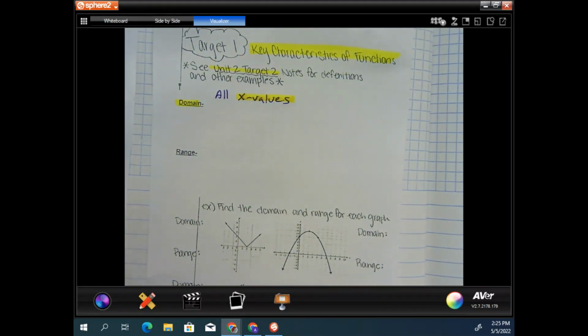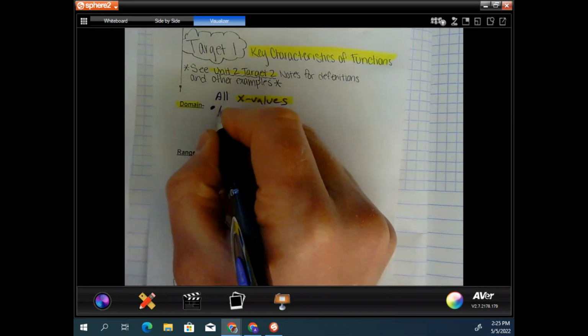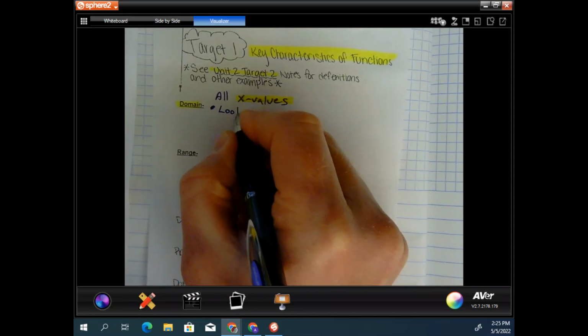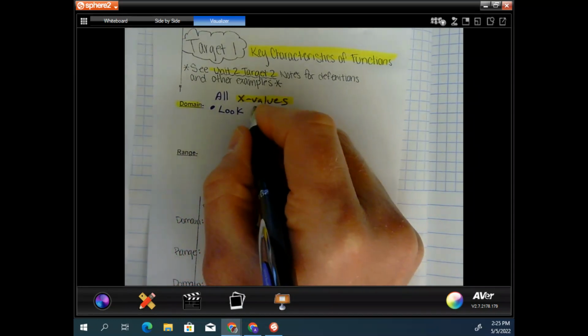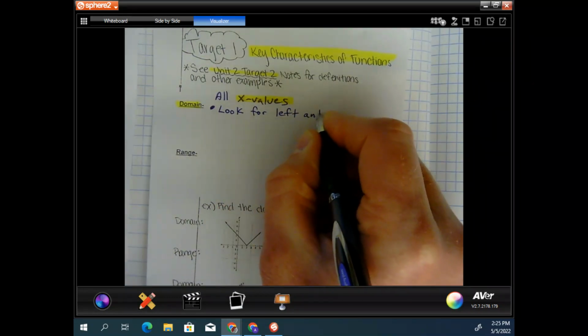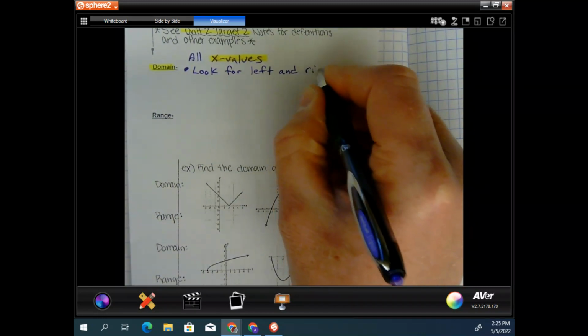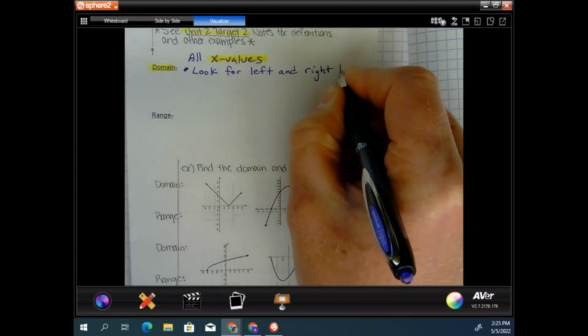When we're looking at a graph, we're making a note here, and we're talking about the domain. We are looking for the left and right boundaries.